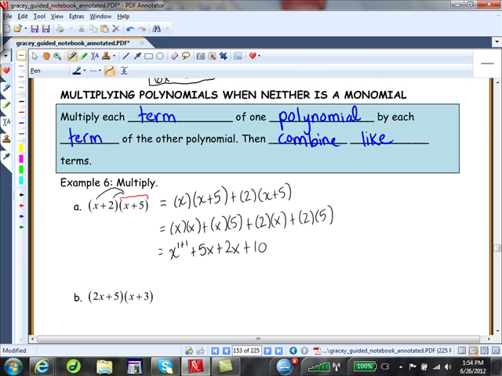Notice that 5x and 2x are like terms, so we're going to get x squared for x to the 1 plus 1. 5x plus 2x is 7x, and then we have 10.